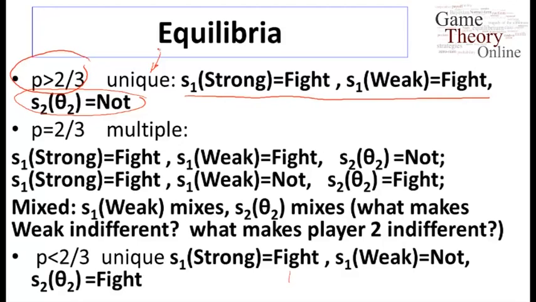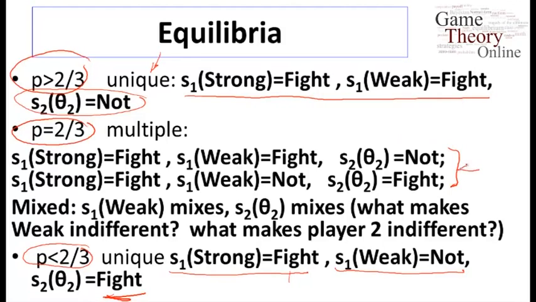It shows that that's the only best response. When p is less than 2/3, you end up with the strong type of player 1 fighting, the weak type not fighting, and player 2 choosing to fight. And at exactly 2/3, both of these are pure strategy equilibria.